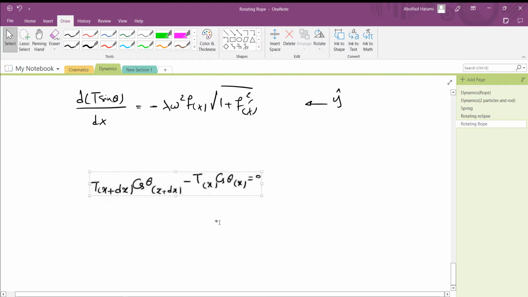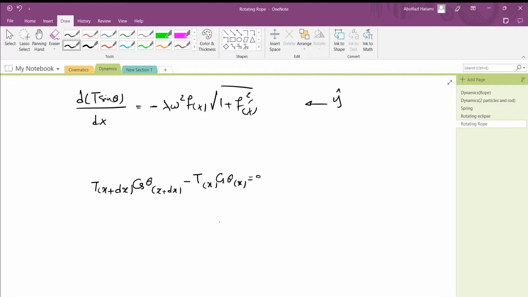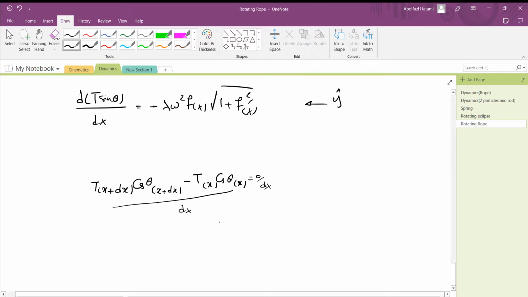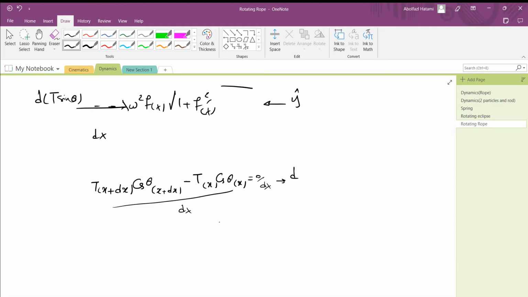It is just the x hat equation, which again is the definition of the derivative if we divide both sides by dx. Again, this is the definition of the derivative.